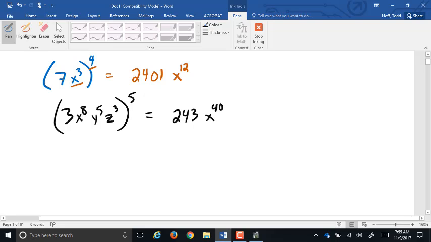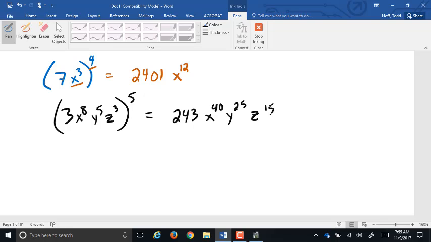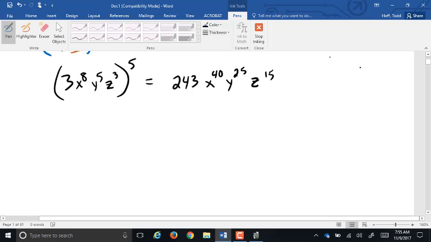X to the 40th. Y to the 5th to the 5th power. Y 25, and z to the 3rd to the 5th power. Z to the 15. So it's the exact same process, exact same rules that we had with our scientific notation. We can mix things up a little bit.